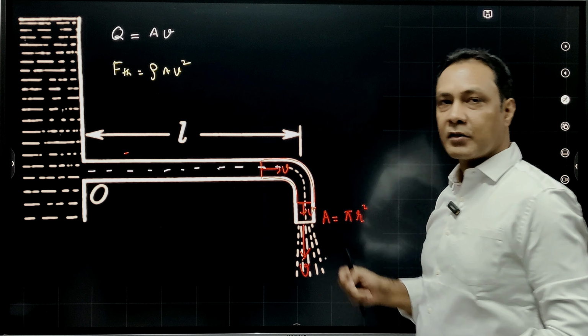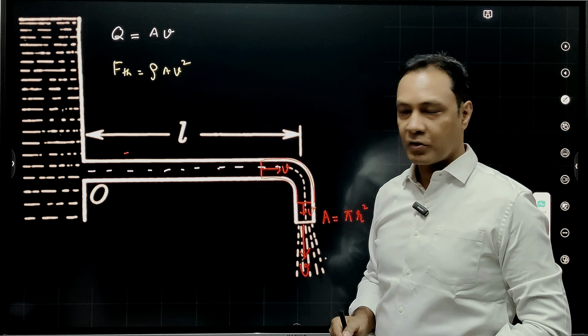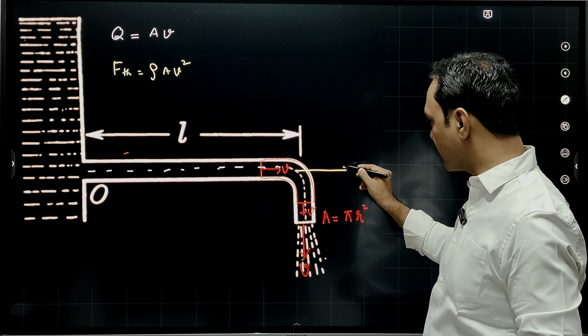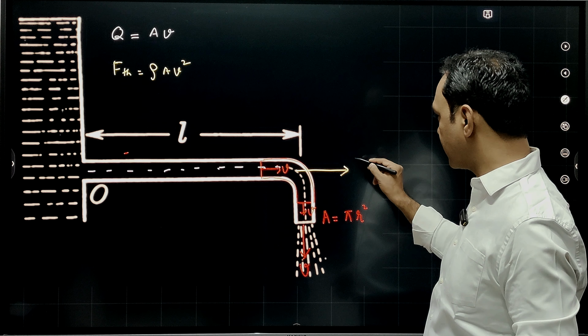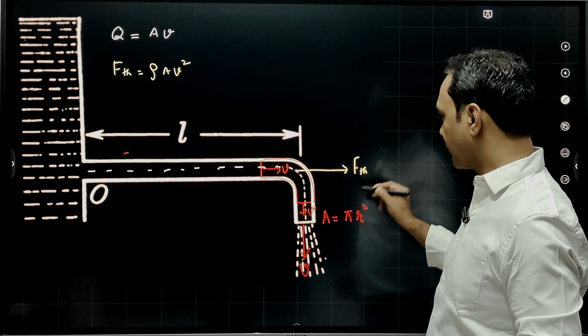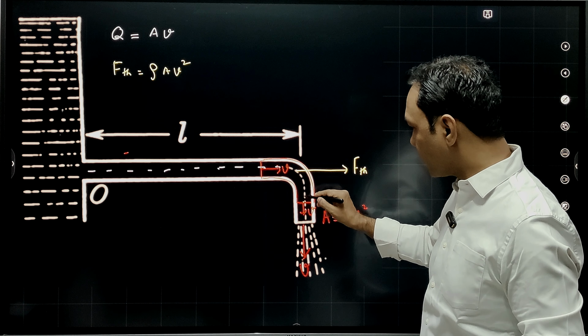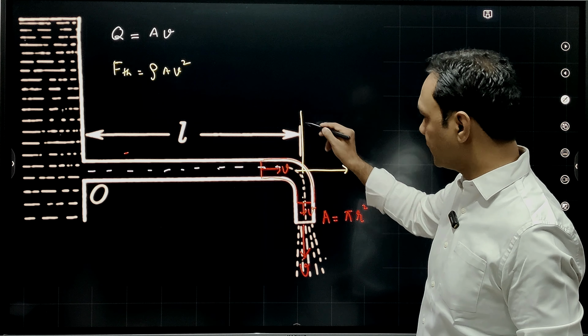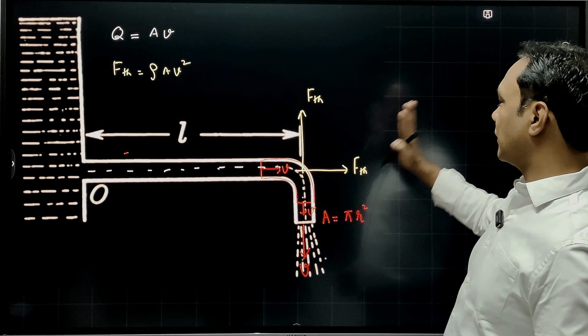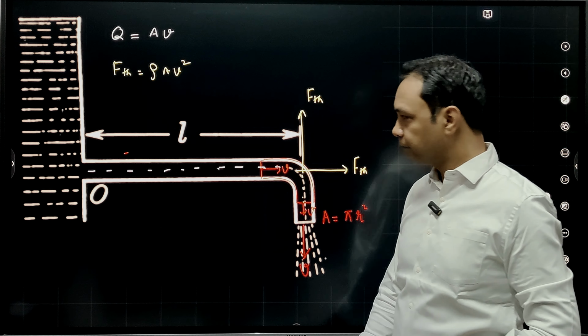Because water is entering here, the thrust force will be in the direction of velocity, so in this direction. Because it is a vector, I can just extend it. So that is F thrust here. And here it is leaving, so F thrust will be in this direction. The net force would be somewhere here, but it is better to keep it like this.